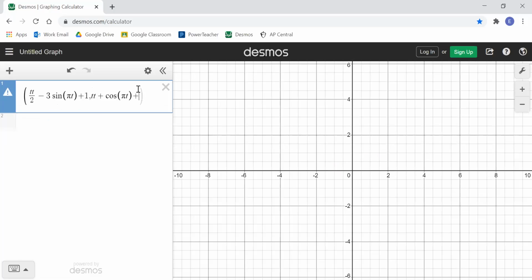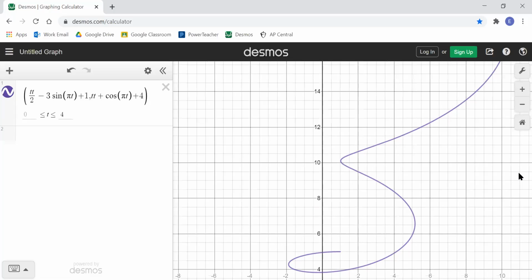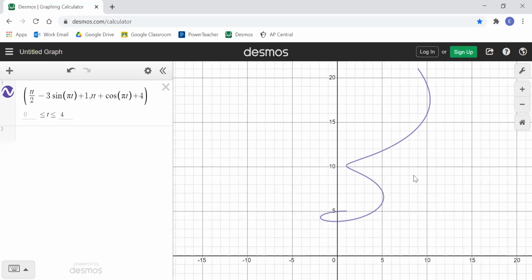We had to add 4, is that right? And if we go from 0 to 4, should start us off at that 1, 5 and finish us off at that point 9, 21. And so that's the path that that particle takes. Everybody good with that? Any questions on that?